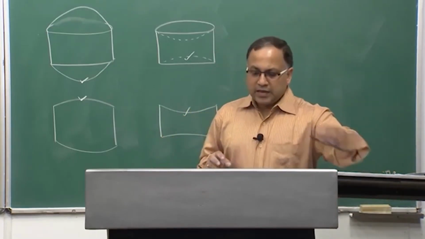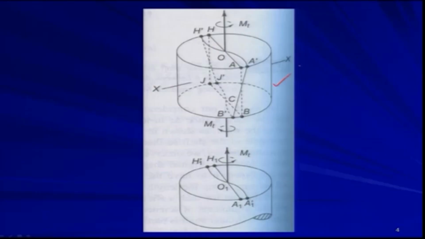Say in this figure, before the application of the twisting moment, we have this plane H O A B C J. So, this is the plane. Can you visualize the plane?